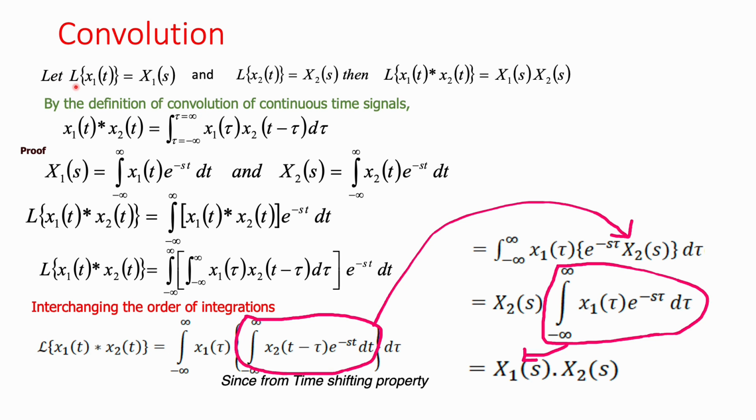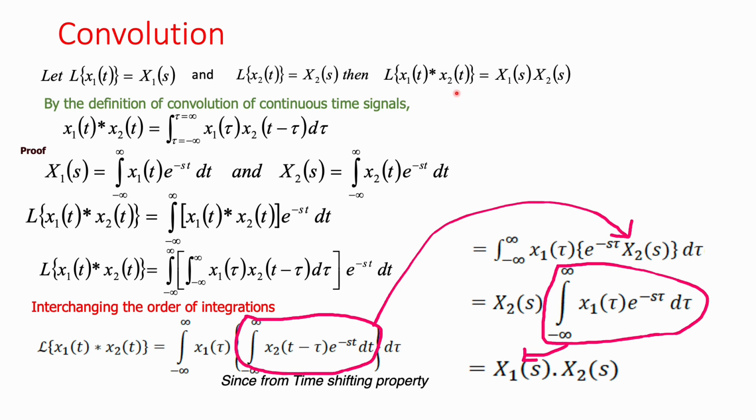You all know that let x1 of t have Laplace transform x1 of s, and x2 of t have Laplace transform x2 of s. Now the convolution symbol is this one: x1 of t convoluted with x2 of t is equal to x1 of s times x2 of s.